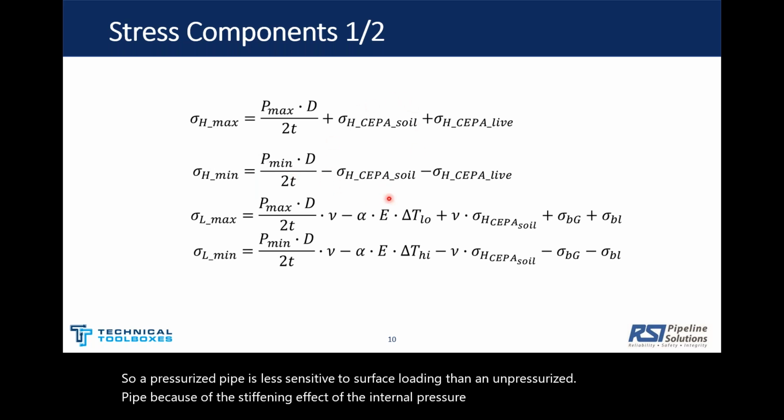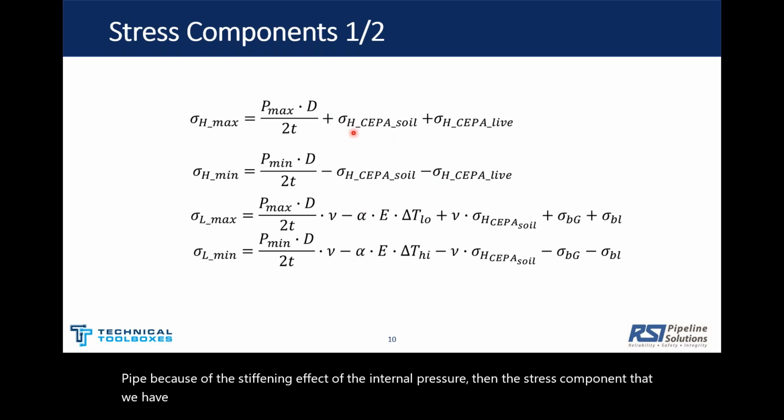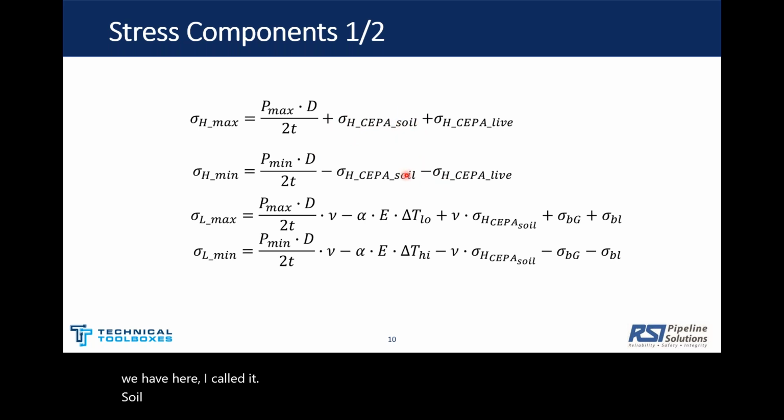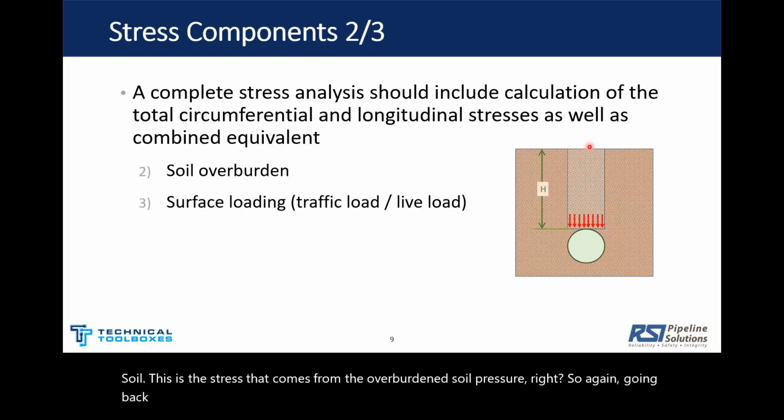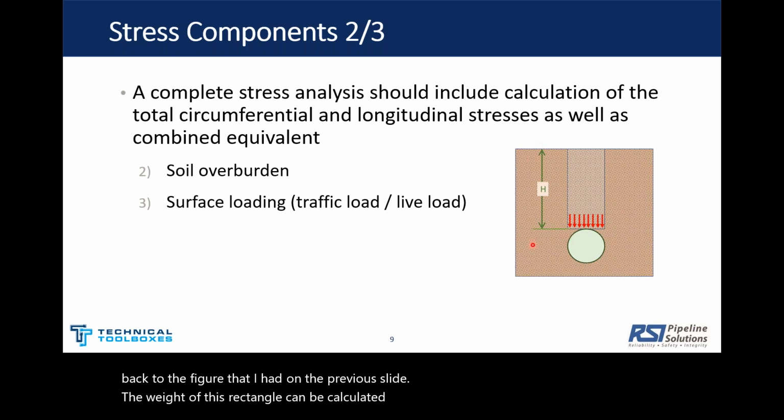Then the stress component that we have here, I called it soil. This is the stress that comes from the overburden soil pressure, right? So again, going back to the figure that I had on the previous slide, the weight of this rectangle can be calculated easily. It's the height or the burial depth times the unit weight of the soil.